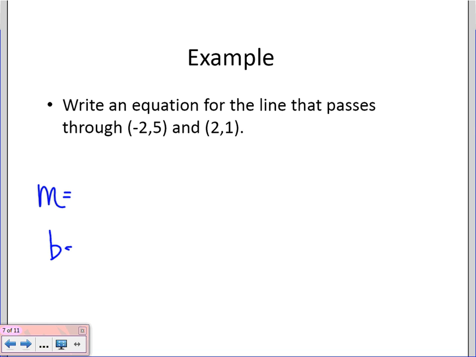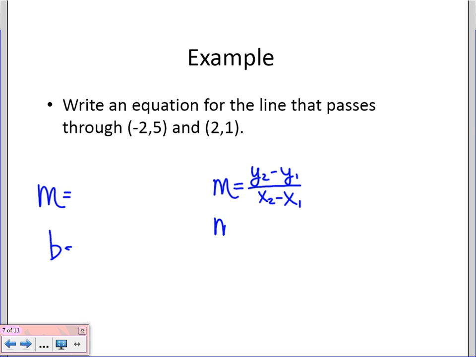So I'm actually given a line passing through 2 points. Now we learned how to find the slope with 2 points. Remember this, m equals y2 minus y1 over x2 minus x1. Remember that? Well, we're going to use this in order to find our slope.